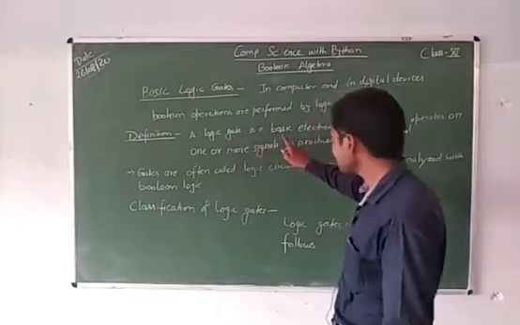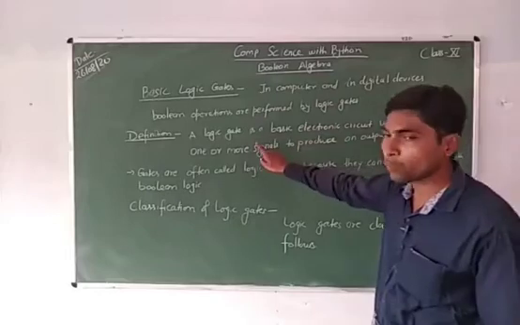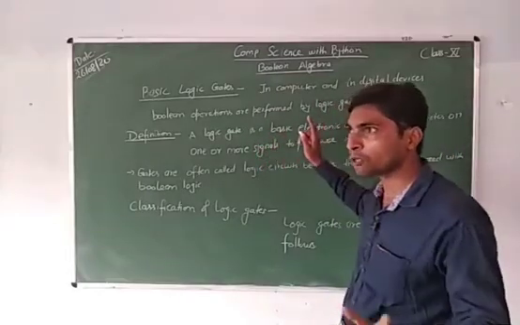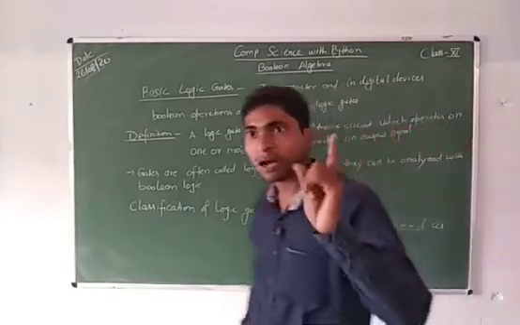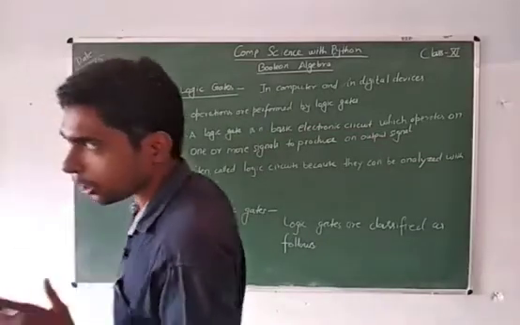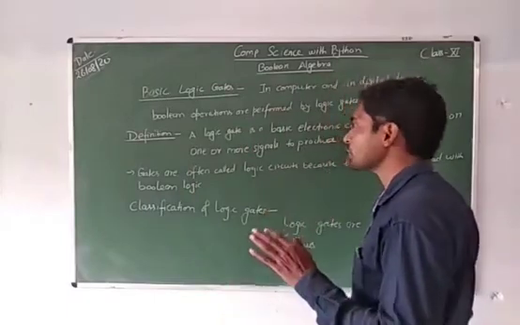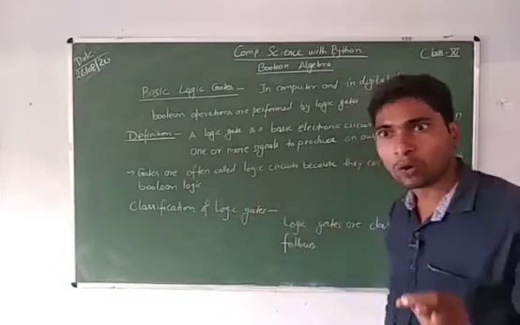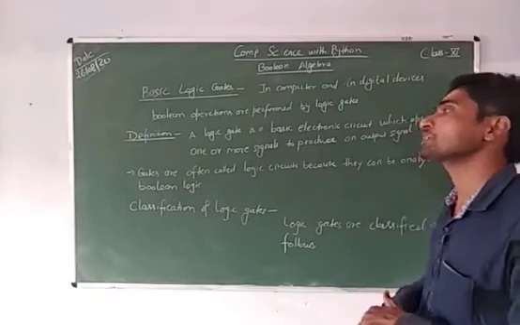A logic gate is a basic electronic circuit which operates on one or more input signals and produces only one output signal. Only the NOT gate has only one input and one output, and all other logic gates have one or more input signals and produce only one output signal.